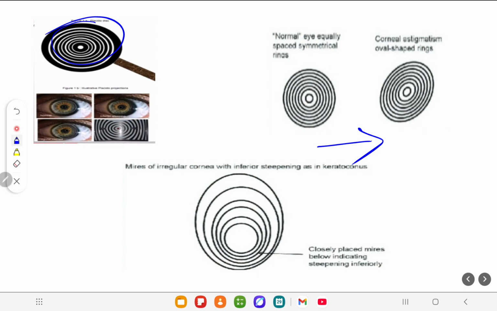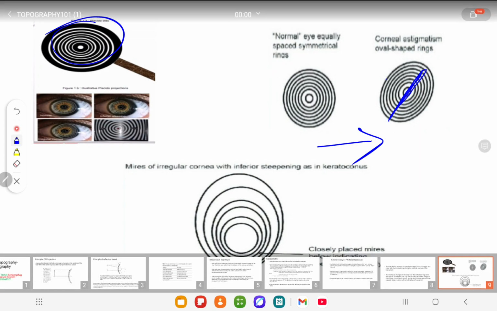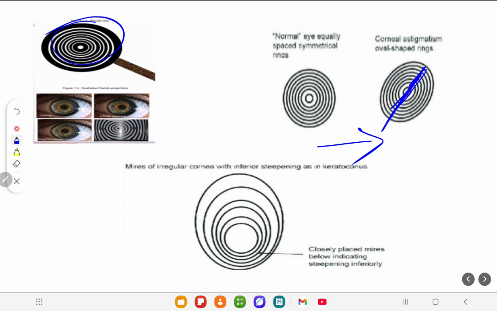From the shape you can say this is the elongated area, this is the axis meridian, and this is the power meridian, isn't it? From the shape you can tell that. It's very important. And see, in the lower one, the distance between the gaps increases, meaning the radius of curvature also increases, it is flatter, or the curvature decreases at the same time.